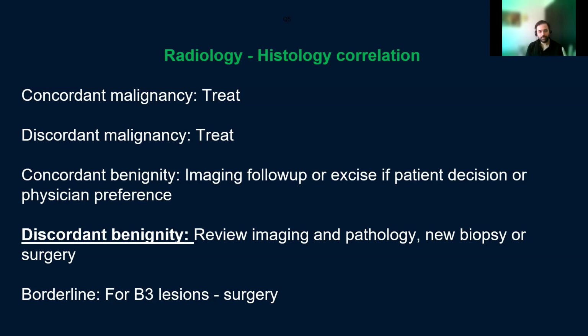So these are the 5 important points that you need to look for, and you may have questions based on any of these. Probably the commonest would be either the discordant malignancy or the discordant benignity, but the discordant benignity is the one which was tested right now.